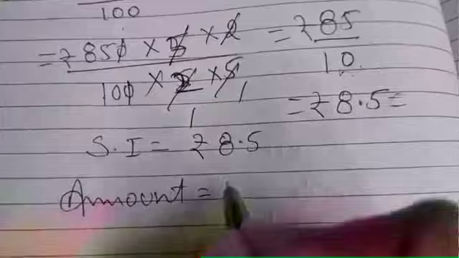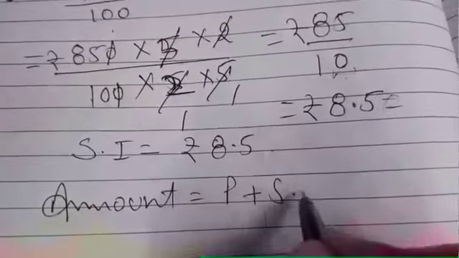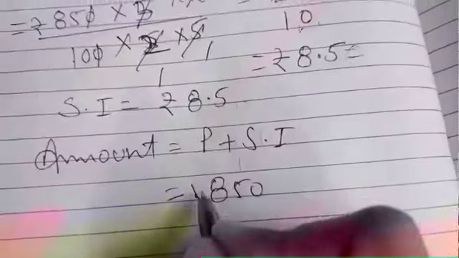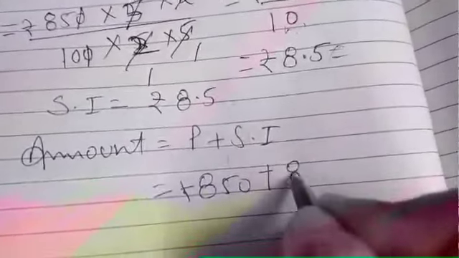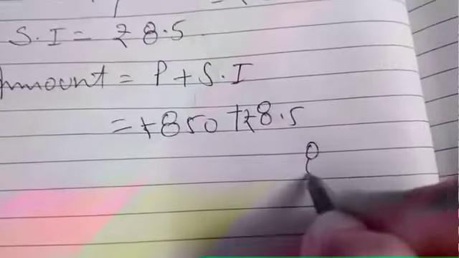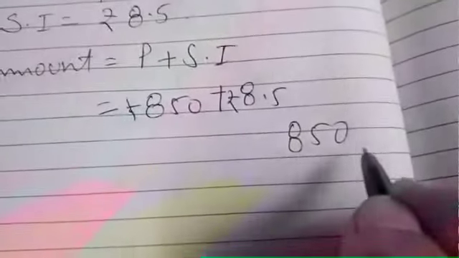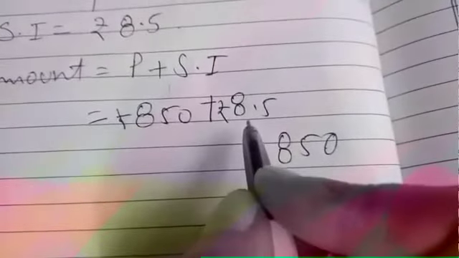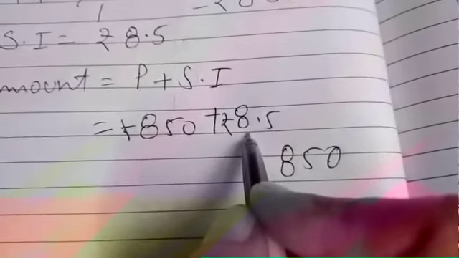Right, now we have to find the amount. We know amount is equal to principal plus simple interest. So principal is 850 rupees. Simple interest is 8.5 rupees. So we will add the numbers, 850 plus 8.5. Beta, many students are confused about adding numbers whenever there is a decimal.